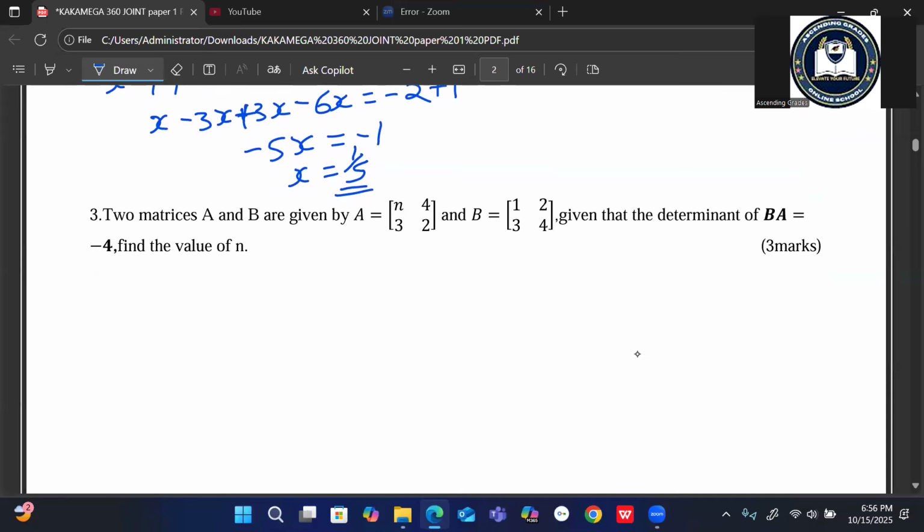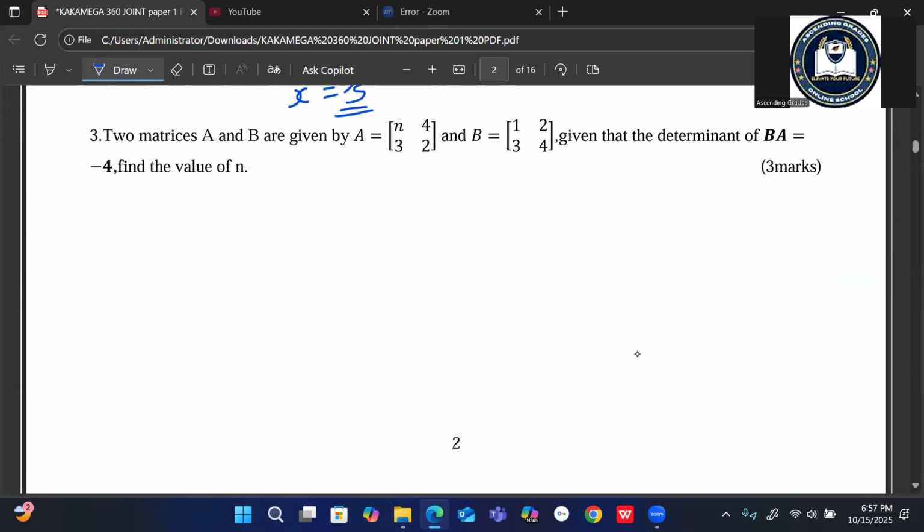We are told that two matrices A and B are given by A is equal to (n 4; 3 2), and B is equal to (1 2; 3 4). Given that the determinant of BA is negative 4, find the value of n. So the first step, we have to find our BA.